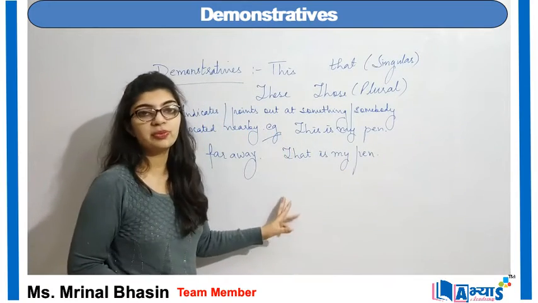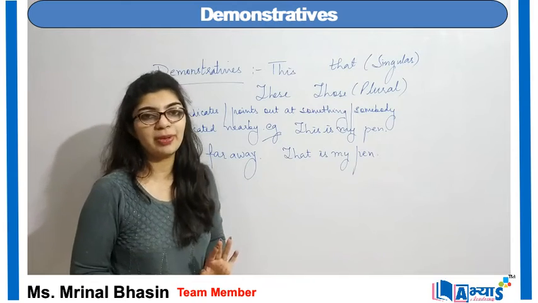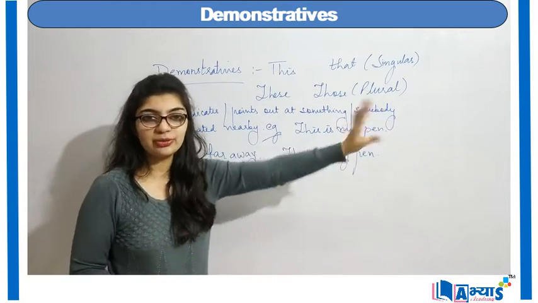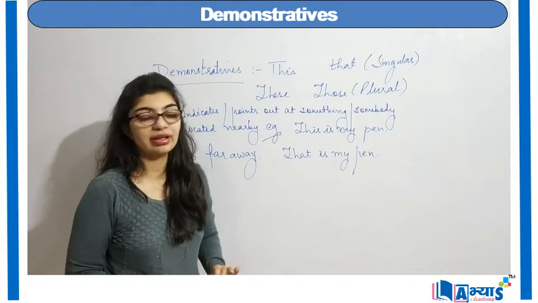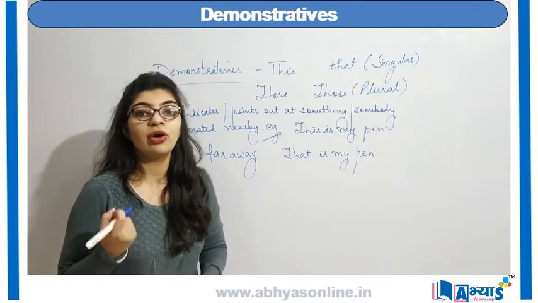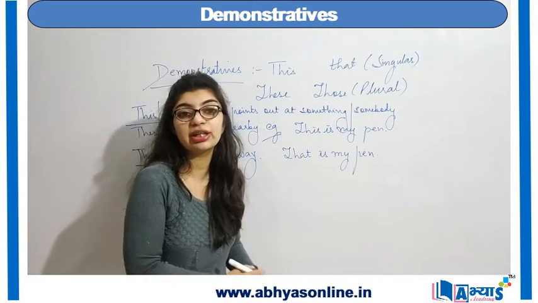Now the difference between the two, the similarity is that we are pointing out at pen. That is very clear. Here in this is my pen, I am pointing out at pen. That is my pen, also I am pointing out at my pen. But for this is my pen, maybe the pen is in my hand, or maybe it is kept on the table which is just near me.